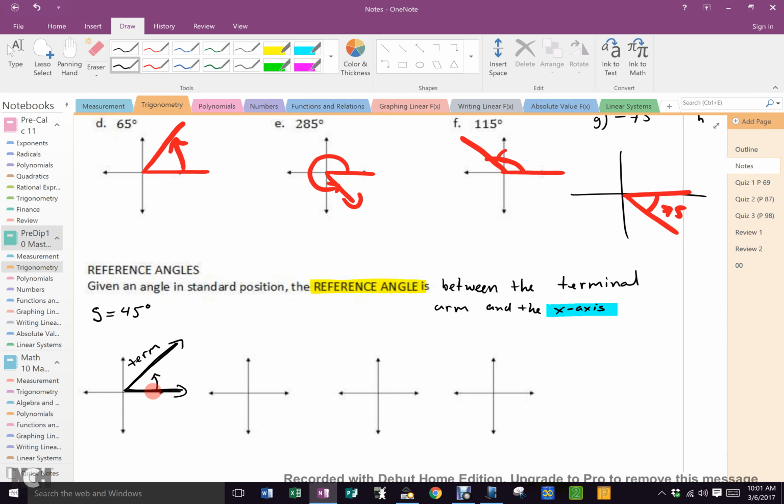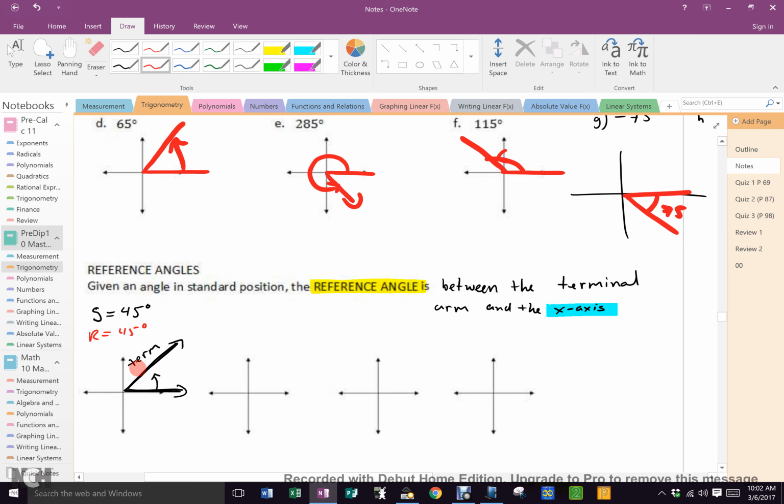Tavleen? No. 45. Yes, this is the x-axis, this is the terminal arm. It's going to be the same. So my reference angle is 45 because it's still there.